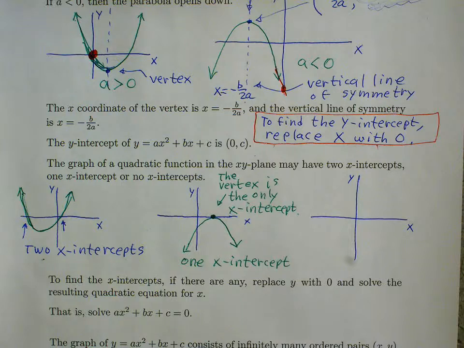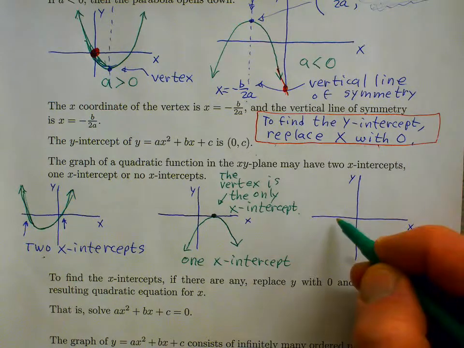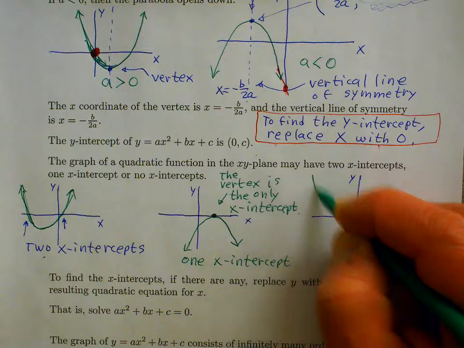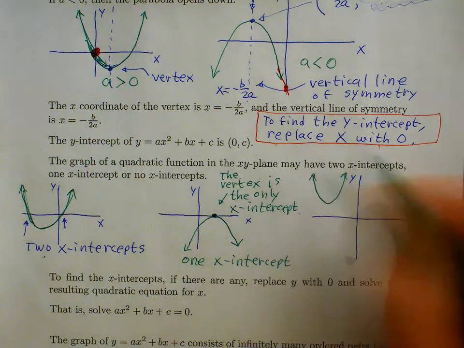Anybody know? Would it be that it just wouldn't touch the x-axis? Yes. If you have a parabola that opens upward and the vertex is above the x-axis, then there's no x-intercept.